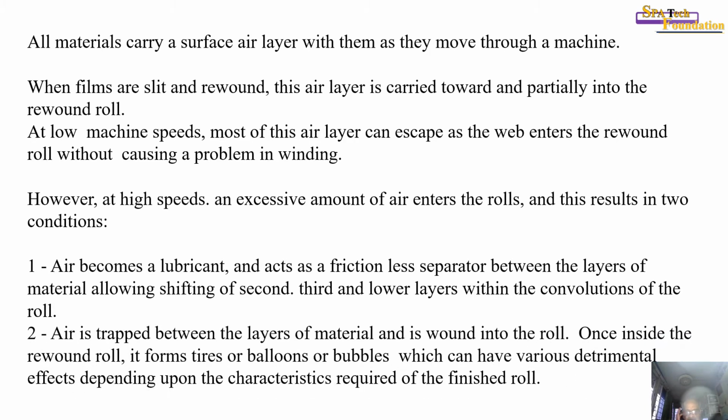Number two, air is trapped between the layers of material and is wound into the roll. Once inside the rewound roll, it forms tents or balloons or bubbles which can have various detrimental effects depending upon the characteristics required of the finished roll.